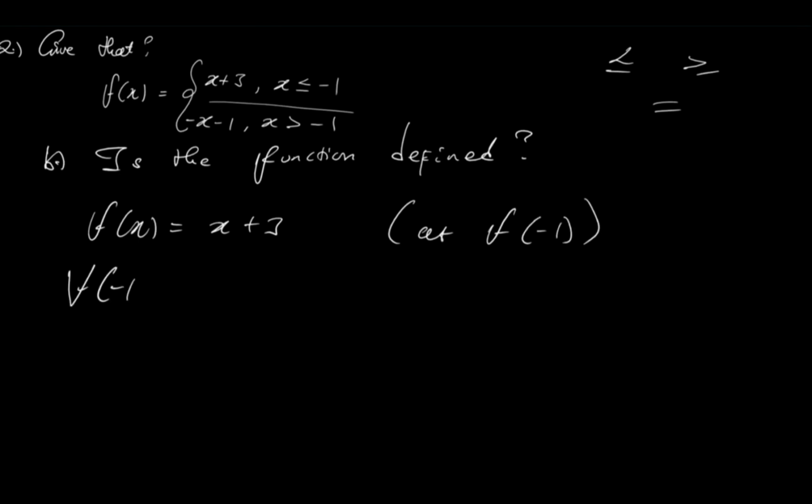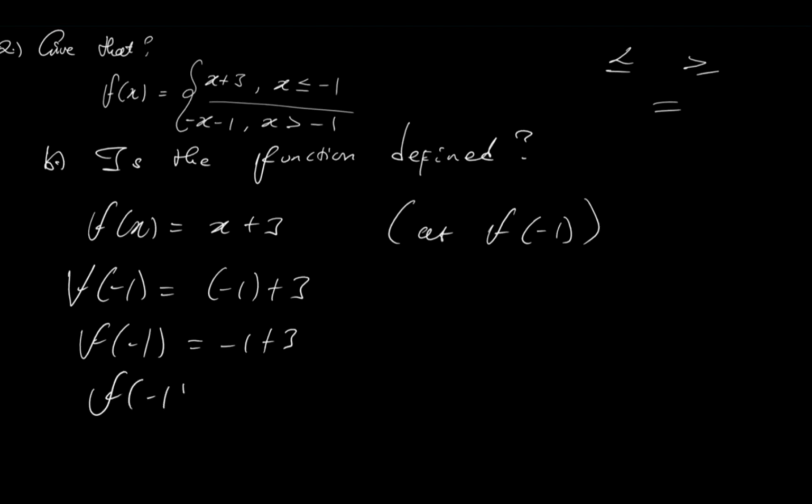So we see f at negative 1. Is this defined? It's negative 1 plus 3. So f at negative 1, you end up getting what? 2. So it is defined at this point, and the value is simply 2. So be mindful, these are the possible questions that you come across under limits.